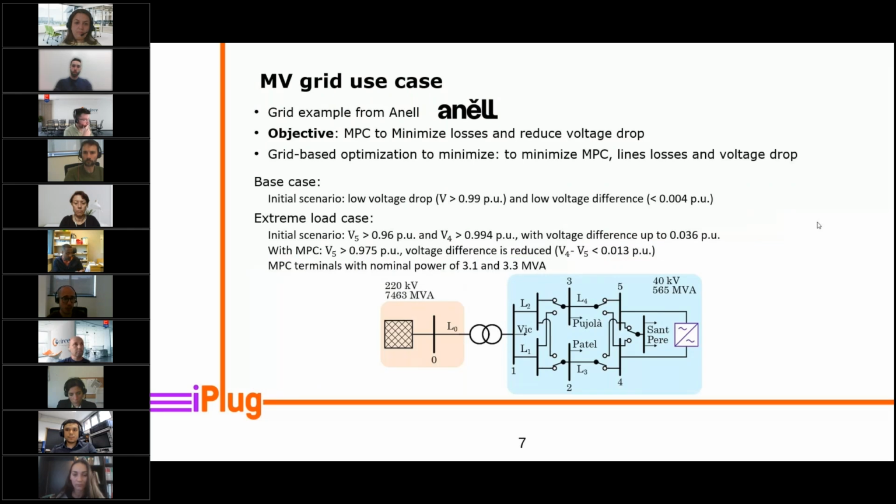And finally, for a medium voltage case study, here we want to specifically solve the problem of minimizing the voltage variation, but we can also add other objectives like minimization of losses or the cost.